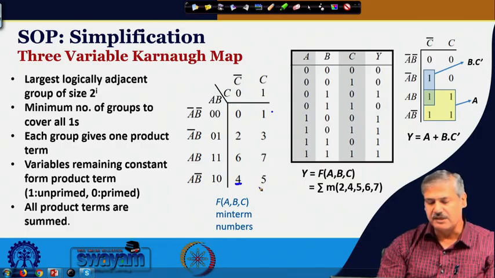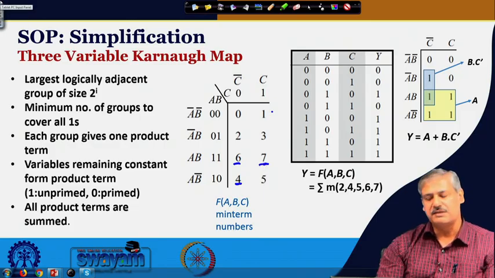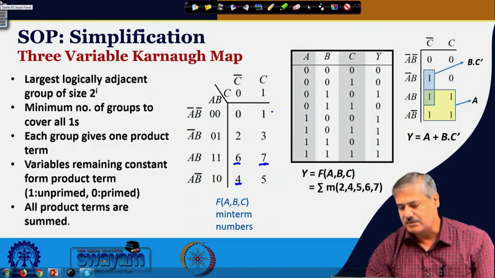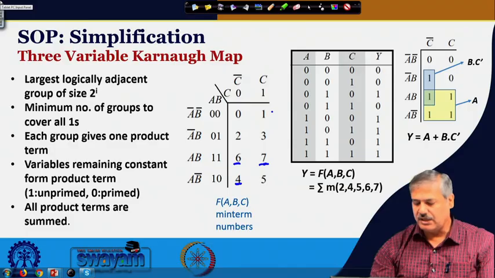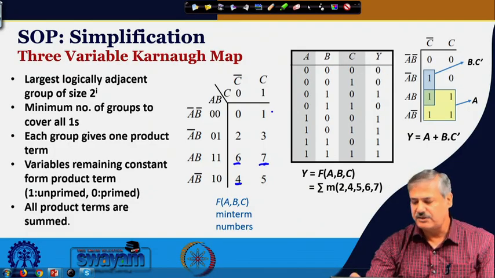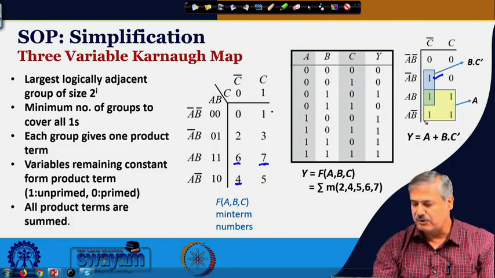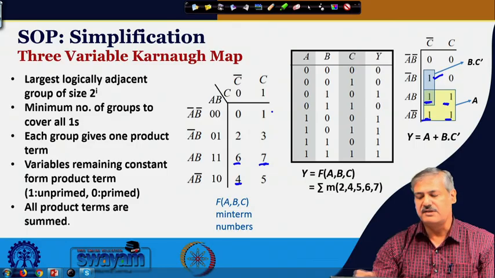So, 4, 5 is here, right, and then 1 1 0 is 6 and 1 1 1 is 7. So, the min terms here are 2, 4, 5, 6, 7. So, 0, 1, 2 there is a 1 present over here, right, and 4 is here, 5 is here, 6 is here and 7 is here.